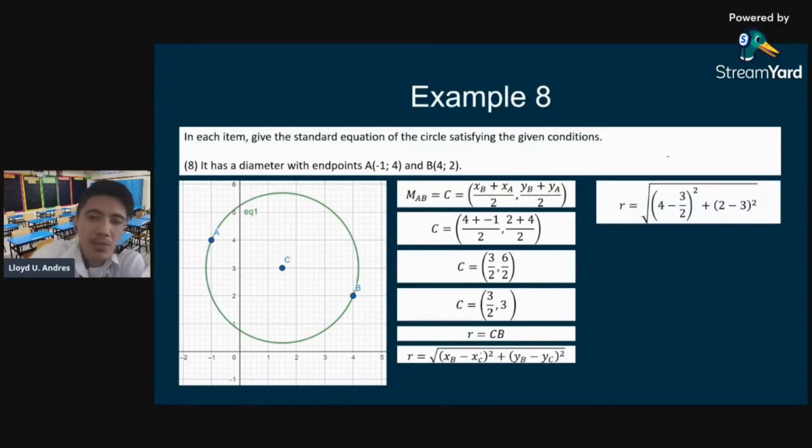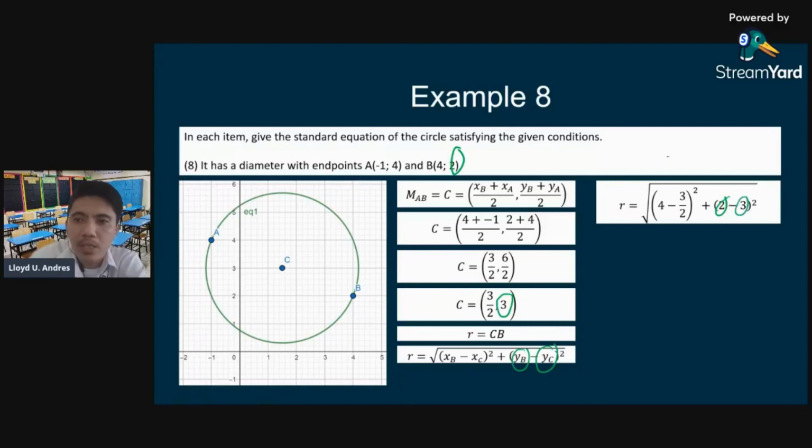Then, substituting, the x coordinate of B is 4 and the x coordinate of C is 3 halves. Next, we substitute the y coordinates. The y coordinate of B is 2, and the y coordinate of C is 3.